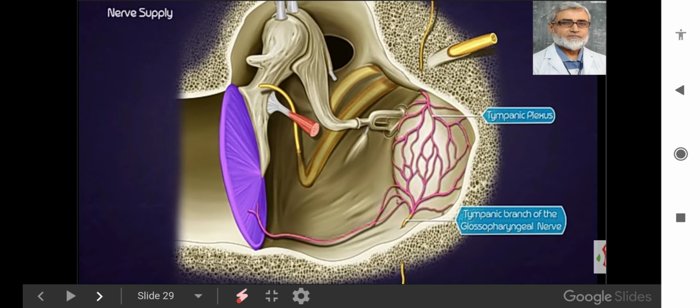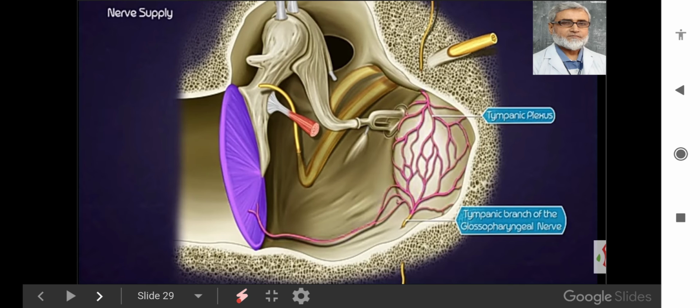The posterior part of the lateral surface is innervated by the auricular branch of the vagus nerve. So remember these two nerves, the auricular branch of the vagus nerve and the auriculotemporal nerve. And the medial surface is supplied by the tympanic branch of the glossopharyngeal nerve.